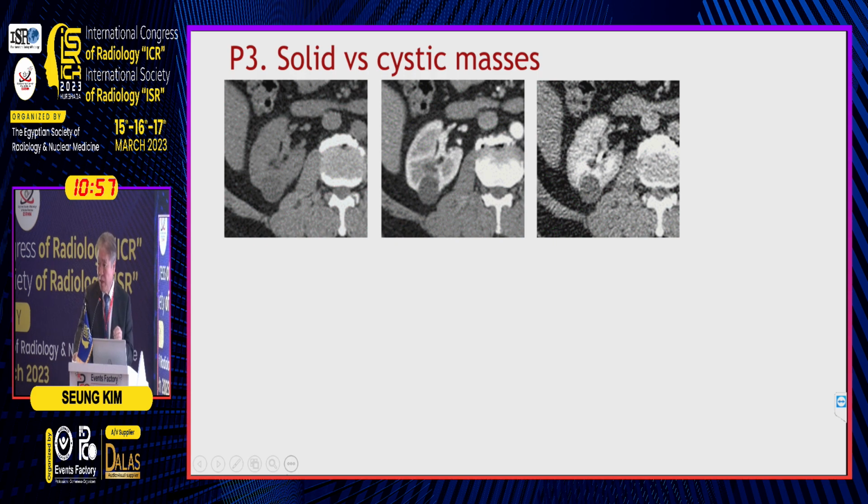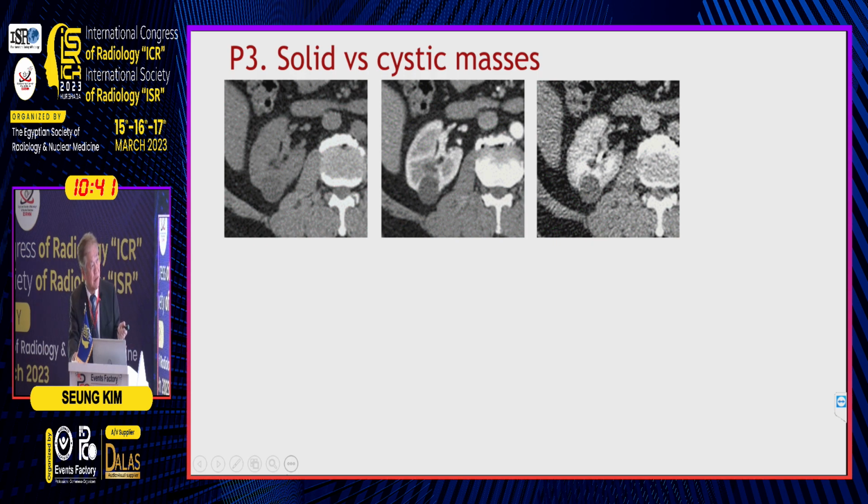The problem 3, in characterizing small renal masses, is distinguishing solid masses from cystic masses. On CT scan, sometimes it is not easy, like this case.